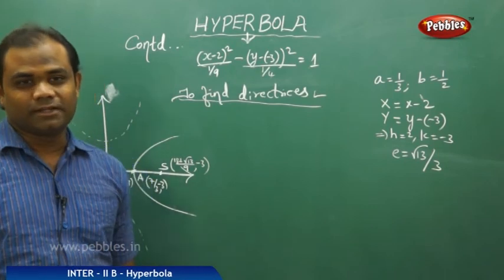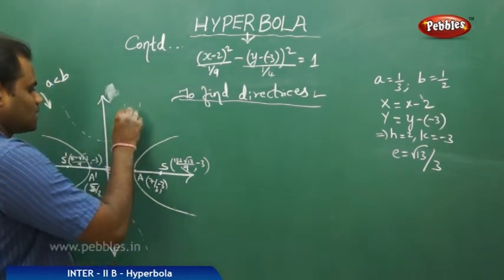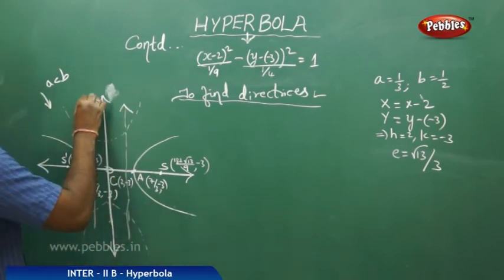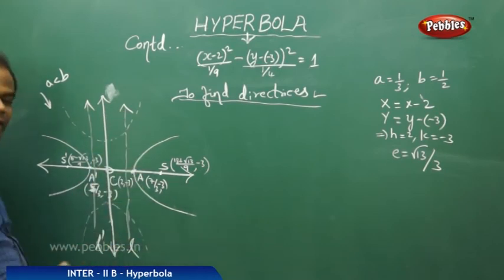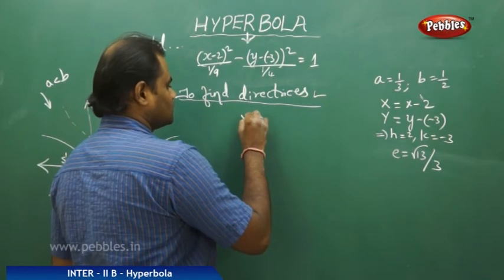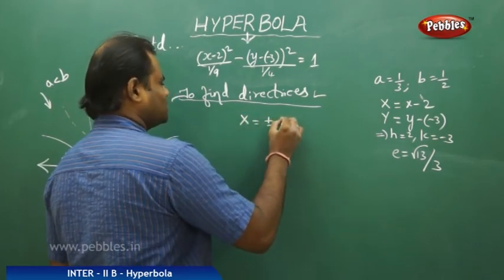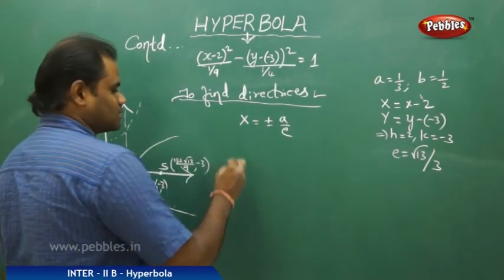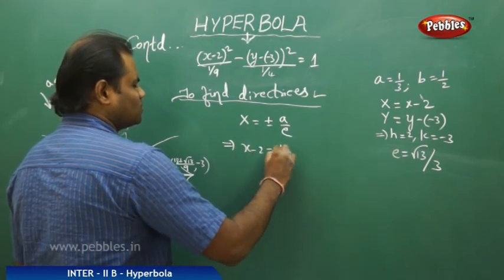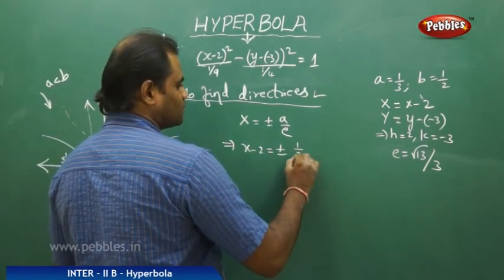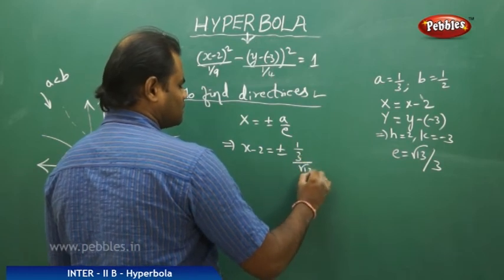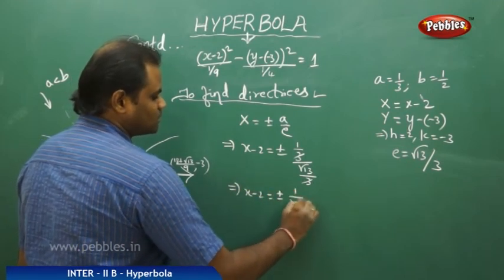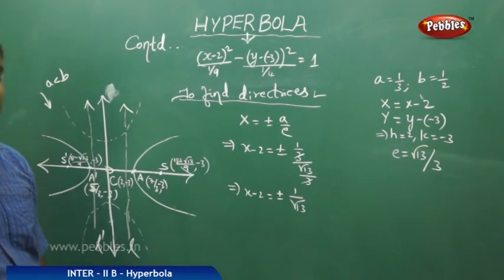Now next is finding the equations of directrices. Suppose I have a directrix out here and a directrix out here, then the equations of these two directrices are given by x equals plus or minus a by e, one given by plus and one given by minus. That implies x minus 2 is plus or minus a by e. That implies x minus 2 is plus or minus 1 over root 13.